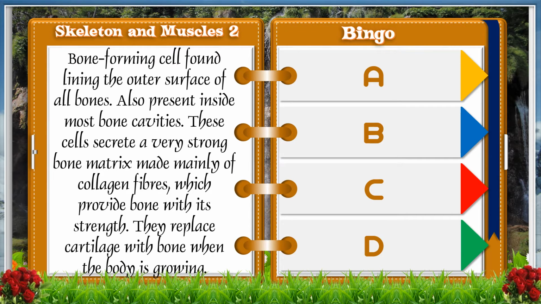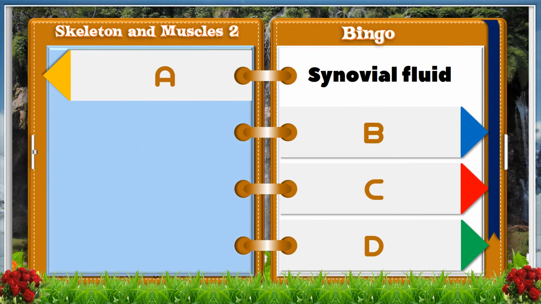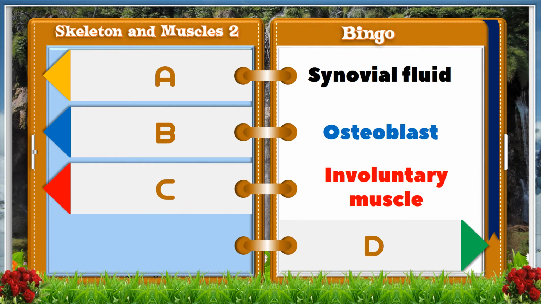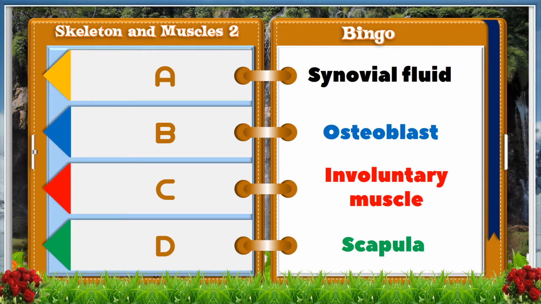They replace cartilage with bone when the body is growing. A. Synovial fluid. B. Osteoblast. C. Involuntary muscle. D. Scapula. And the answer is B. Osteoblast.